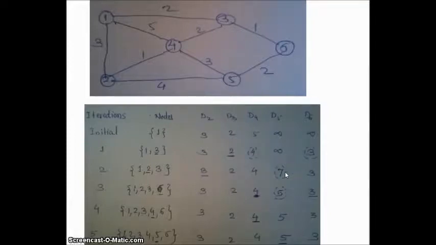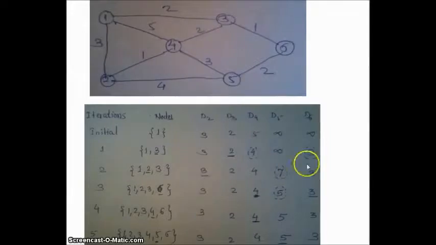For node 5, if you go through node 4 through node 3, it will be 2 plus 2, 4, plus 3, 7, and that's why the new entry over here is 7. Now node 6, which is already connected through the least distance, that is 3, will remain as it is in this case also.